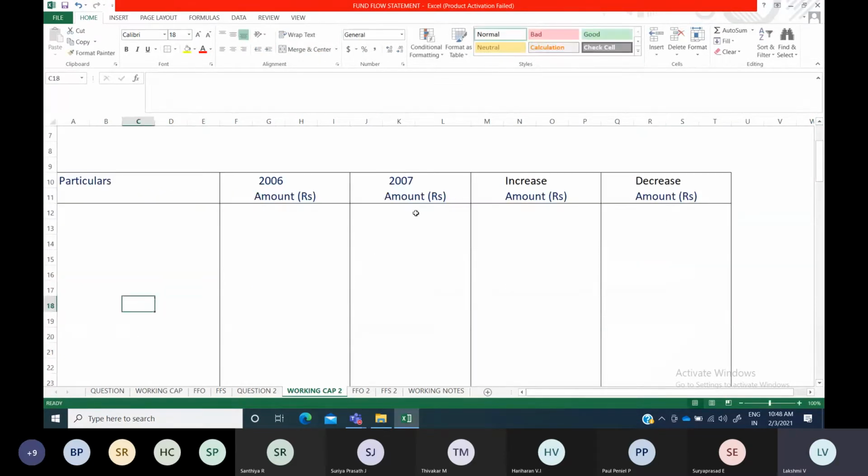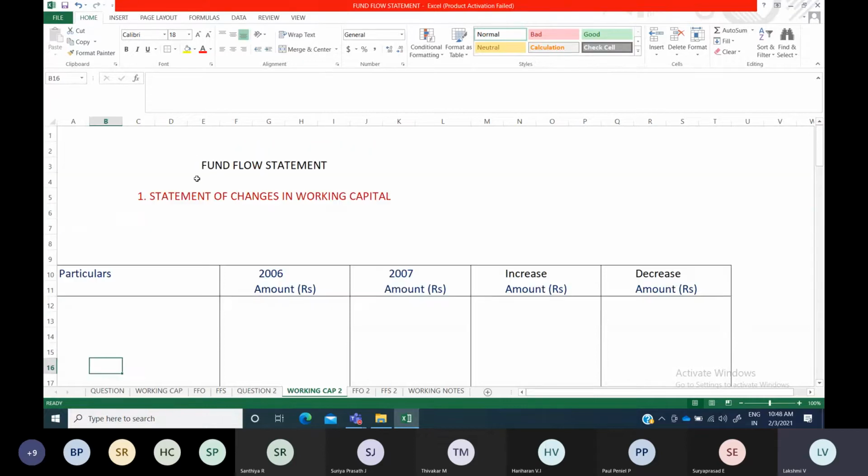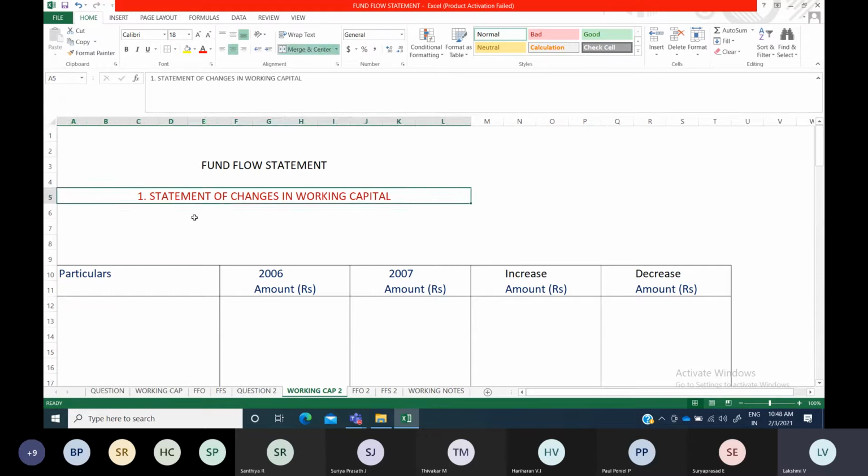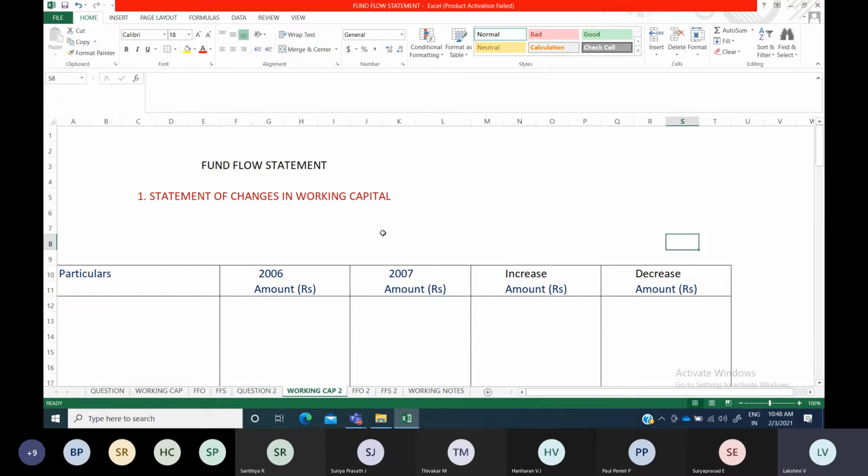Like this you have to make the columns ready in your accounts notebook. Only a single side of the page is used if it is a statement. Only for an account do you use the left hand side and right hand side for debit and credit.